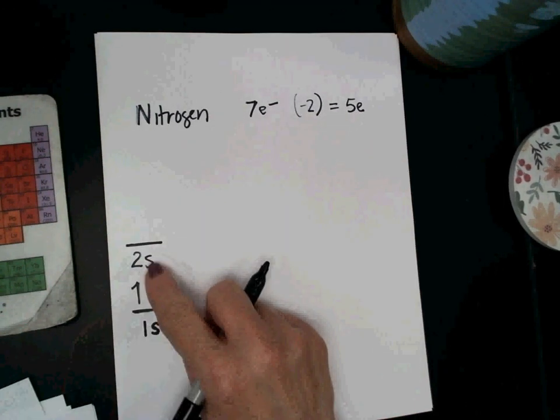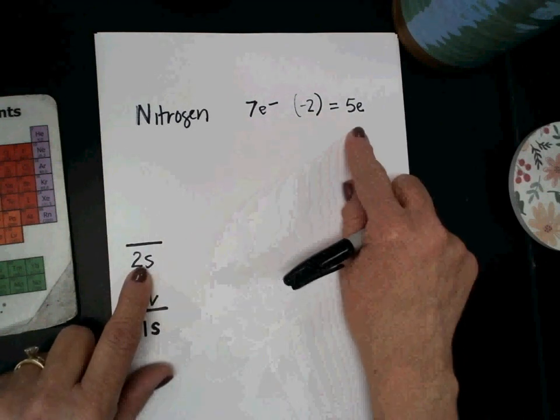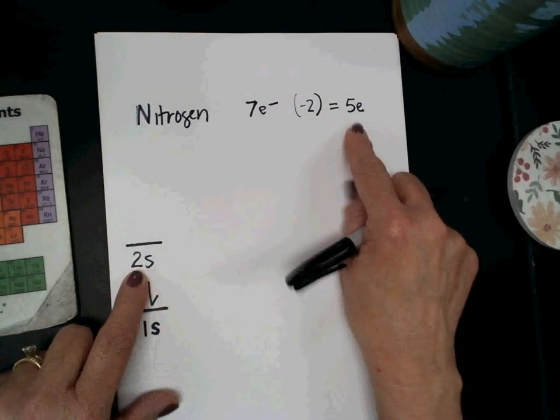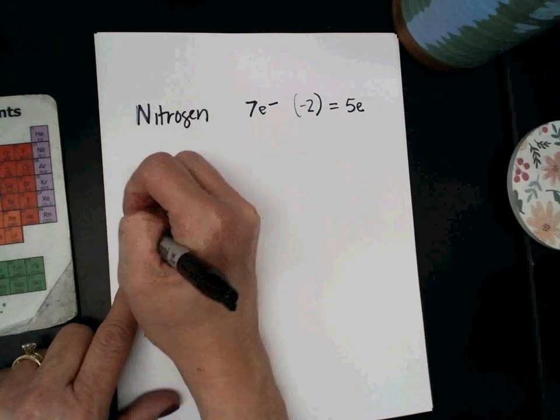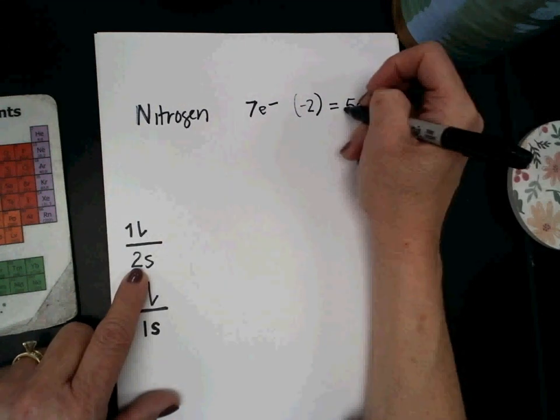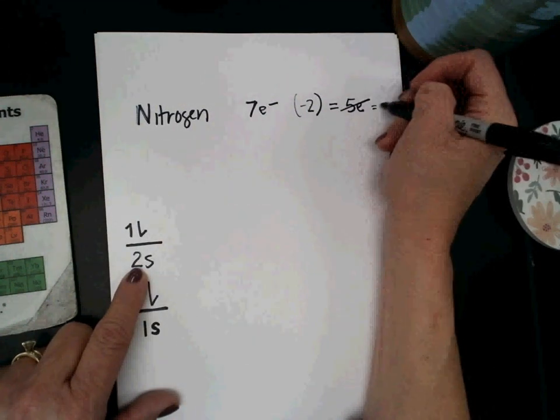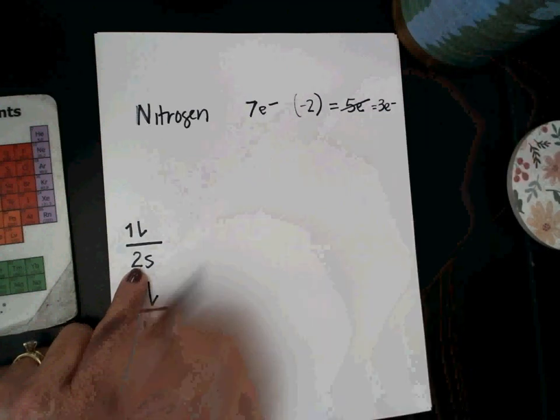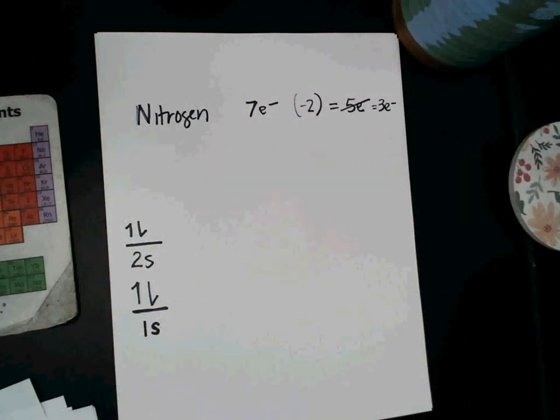S can hold 2. So I look and ask, do I have 2? Yes, I do. So I'm going to put them in. Subtract my 2, and that gives me 3 electrons. Am I doing my math right?